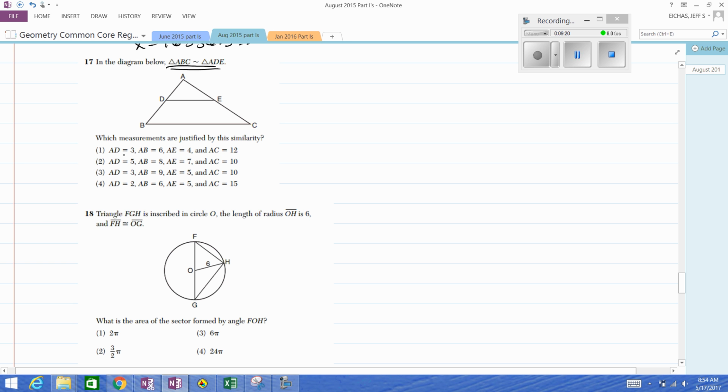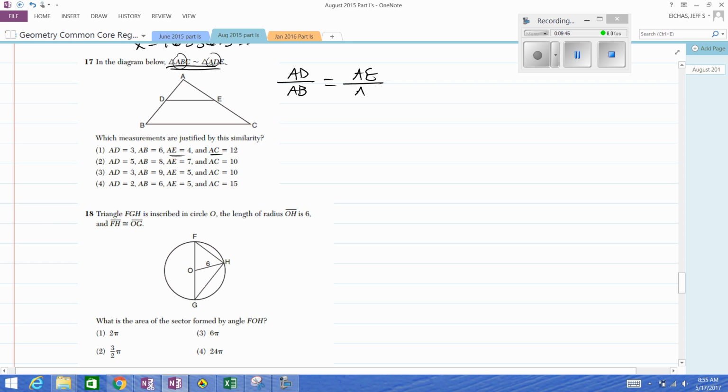It looks like all of them start out with AD to AB. If we do that, AD to AB, we're looking at the similarity statement up there, and it's going to help us set up the first fraction. And all of these are AC to AC, AE to AC. So we're going to put that on top.